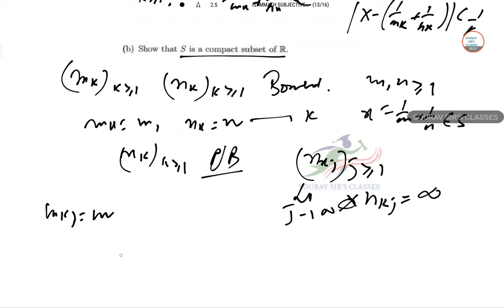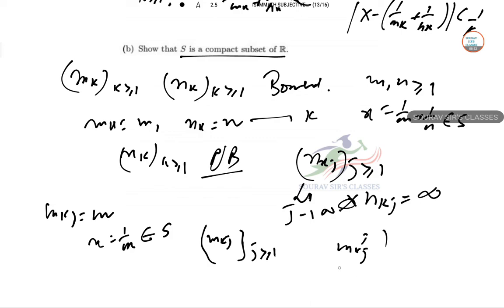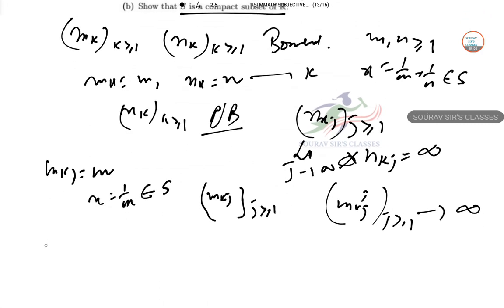So obviously from this structure, if we take x equal to 1 by m, which belongs to S, so the sequence mkj, j greater than or equal to 1, is also bounded. So we can pass to another subsequence of mkj, where j greater than or equal to 1, that converges to plus infinity. So we have x equal to 0. So in any case x belongs to S, so S is compact.